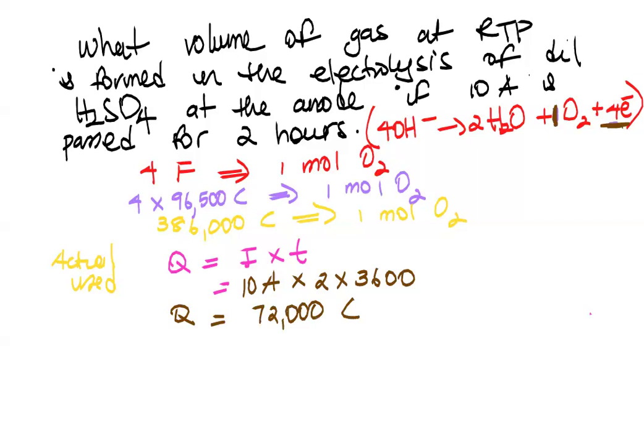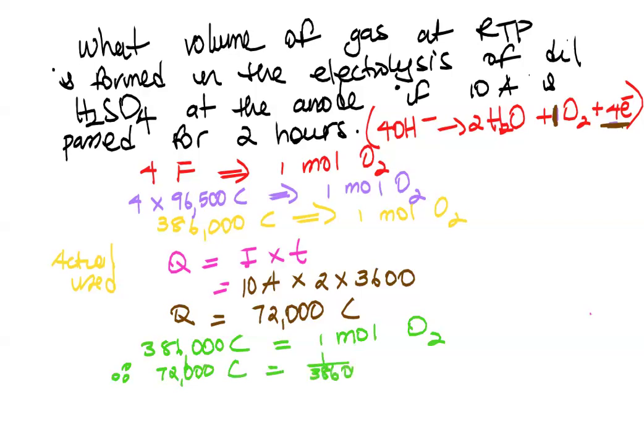Is that right? Nice. So I'll write it back for them so that the examiner will see that I know what I'm talking about. So even if I make a mistake, they could give me marks. 386,000 C is equal to 1 mole of O2. So therefore, 72,000 C will be 1 over 386,000 by 72,000, which will be the moles of O2.